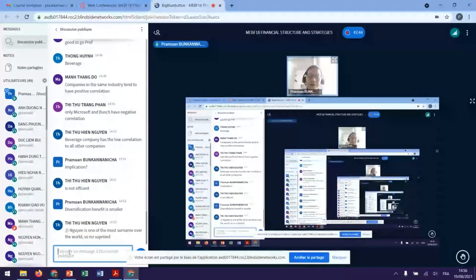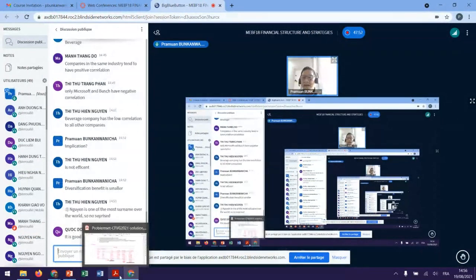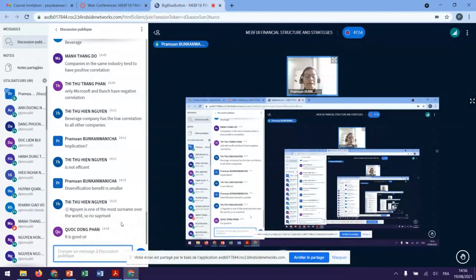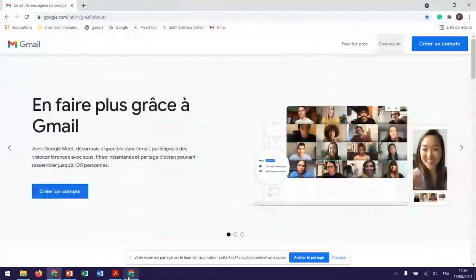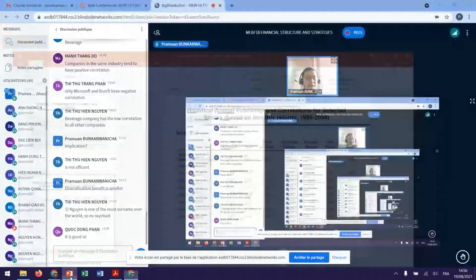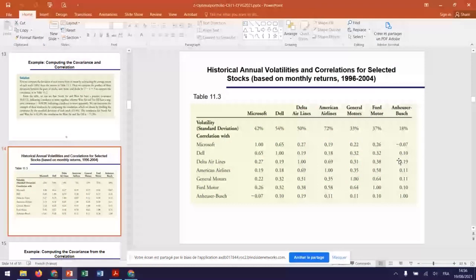The beverage company seems to be a good candidate for getting the diversification benefit. Now we can prove it later on. It is interesting because they are less correlated with others. So when they are less correlated, like the way we derived earlier, when you have lower correlation, the diversification benefits are higher.